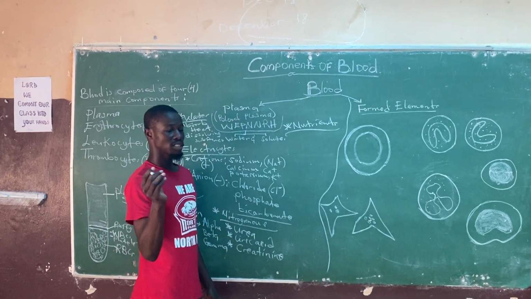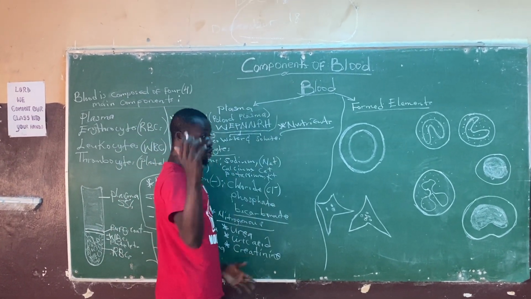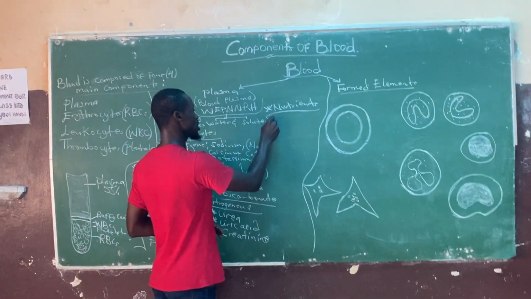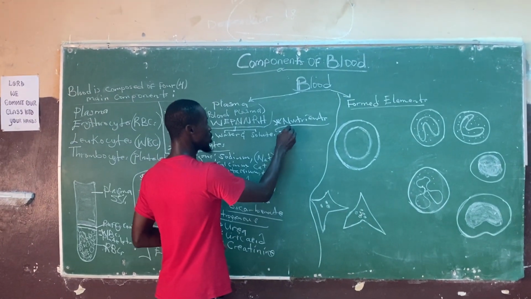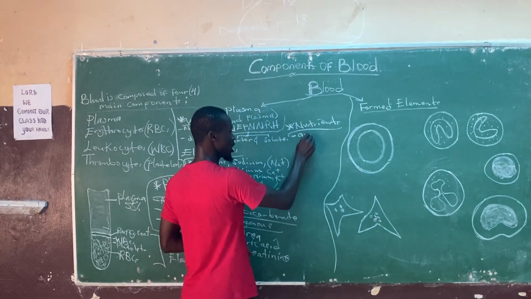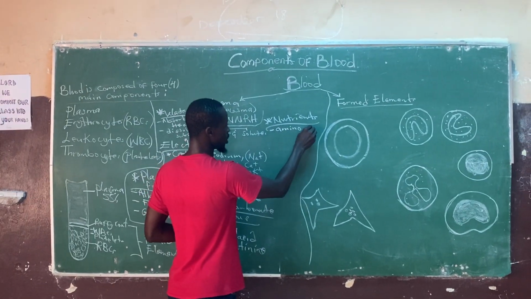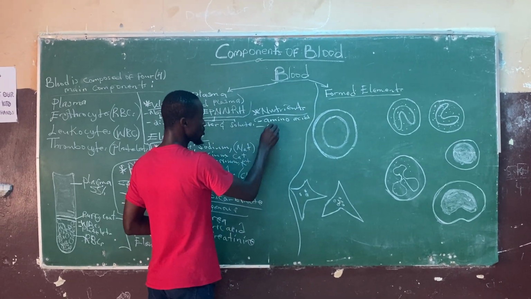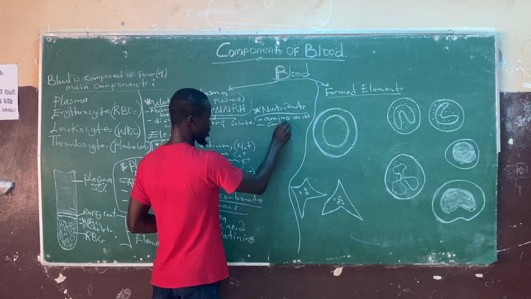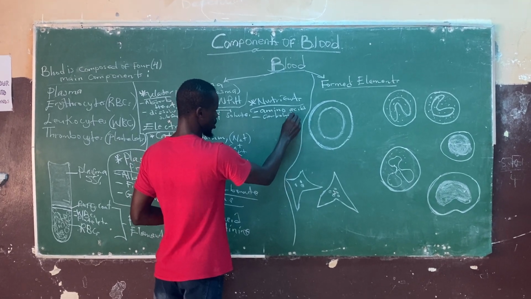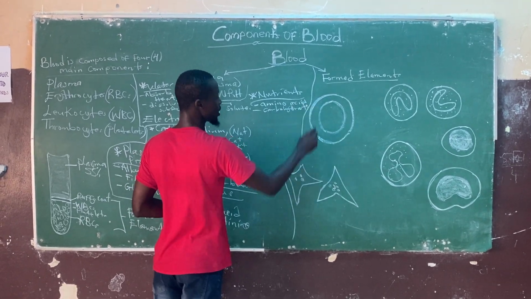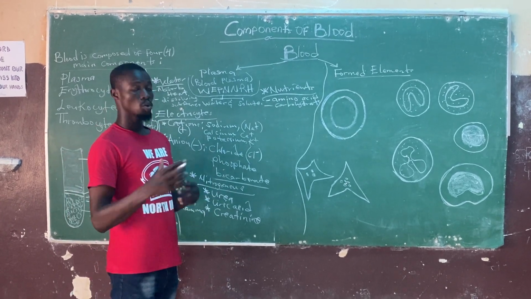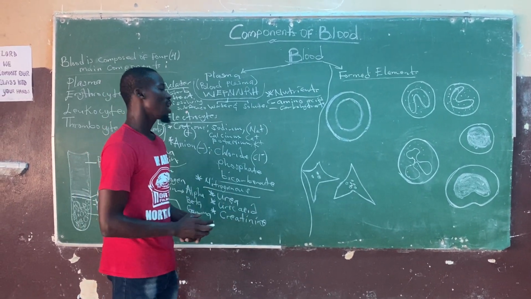These nutrients are organic substances. We have amino acids, and carbohydrates, specifically, most of the time we mention glucose, which is a simple carbohydrate, and other forms of carbohydrates.